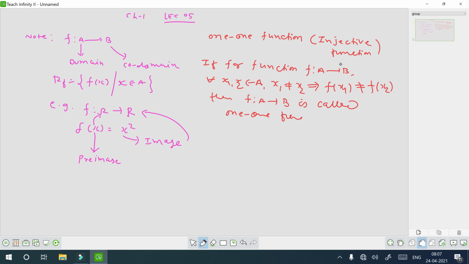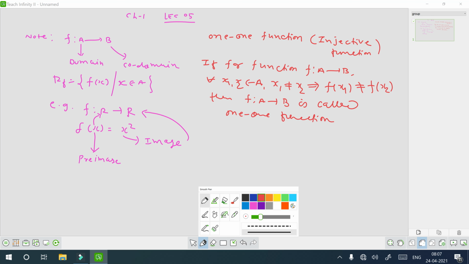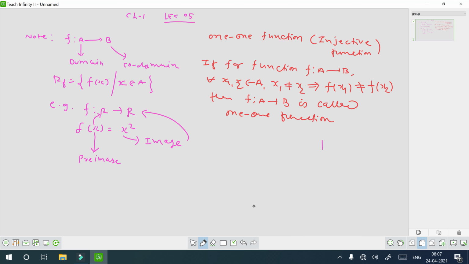In other words, let us see. We already saw in terms of logic, if P implies Q is a mathematical statement, what is the contrapositive? The contrapositive of this statement is negation Q implies negation P. Now what is the contrapositive of this statement?